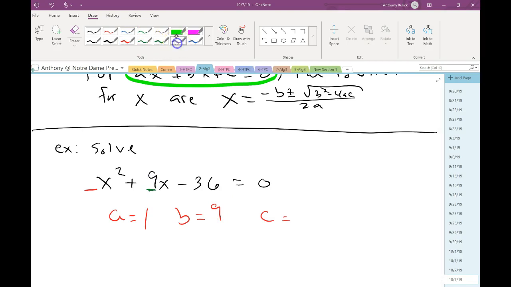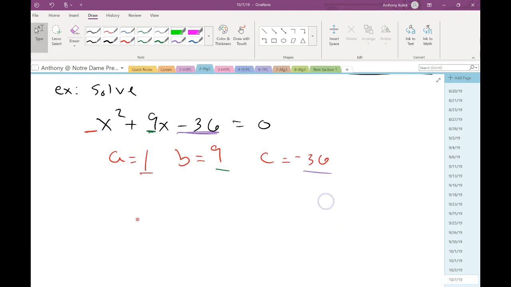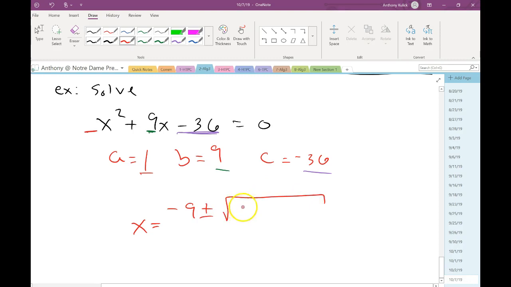And the value for c is negative 36. So what I can say then is x equals negative b plus or minus the square root of b squared minus 4ac, all over 2 times a.